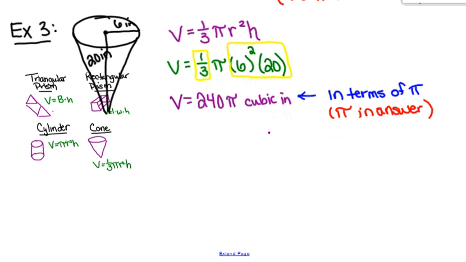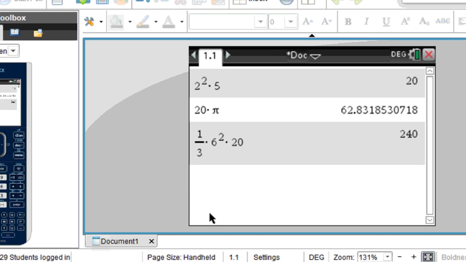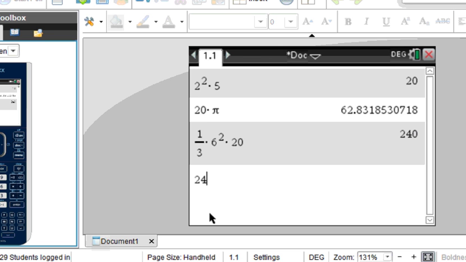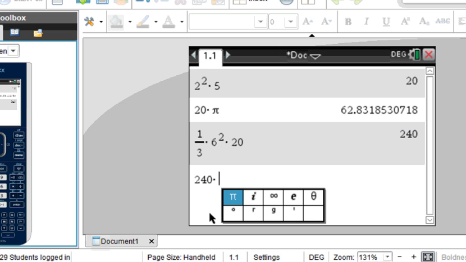And if they ask for it, say, rounded to the nearest cubic inch, then I'm going to get my calculator back out. And I'm going to type the whole 240 times pi. And remember, pi is down on the left-hand side of your calculator, almost at the bottom.